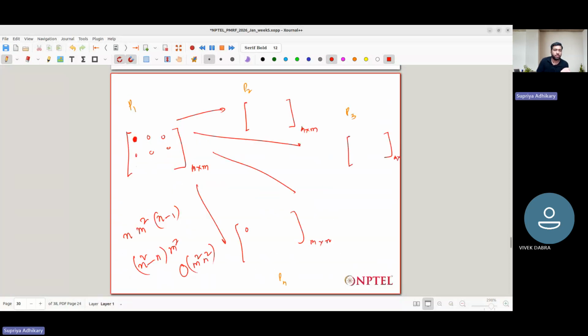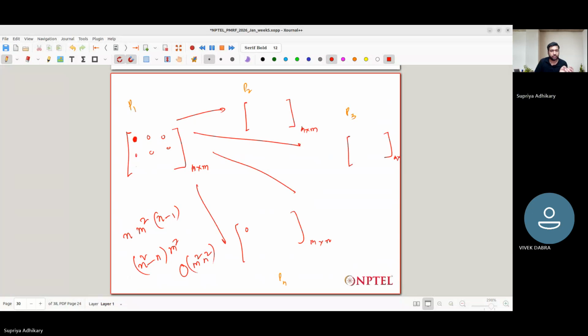Over here P1 has m square many inputs because each matrix has m square many elements. P1 has m square many elements, P2 has m square many elements, P3 has m square many elements. Now, if we want to convert it into the standard description of the BGW protocol, then each party should be holding one single share instead of m square many shares.